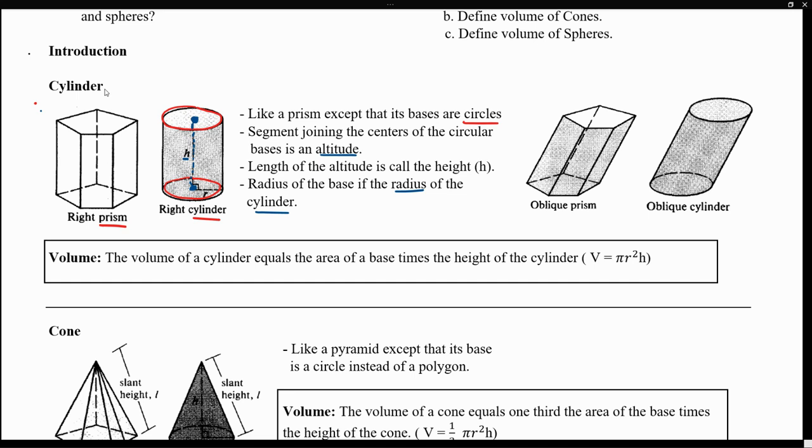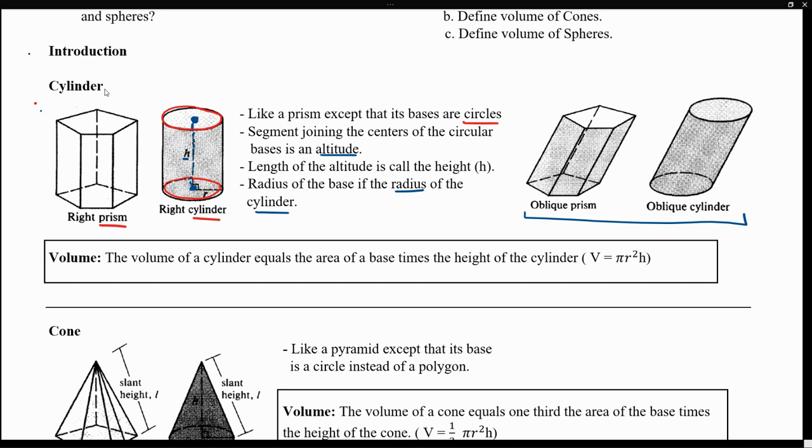And again, right now we're just going to take a look at right cylinders. There are other types of cylinders, just like there are other types of prisms, and those are called oblique cylinders. These are cylinders that are not straight, but tilted. We're going to reserve that discussion for future lessons.